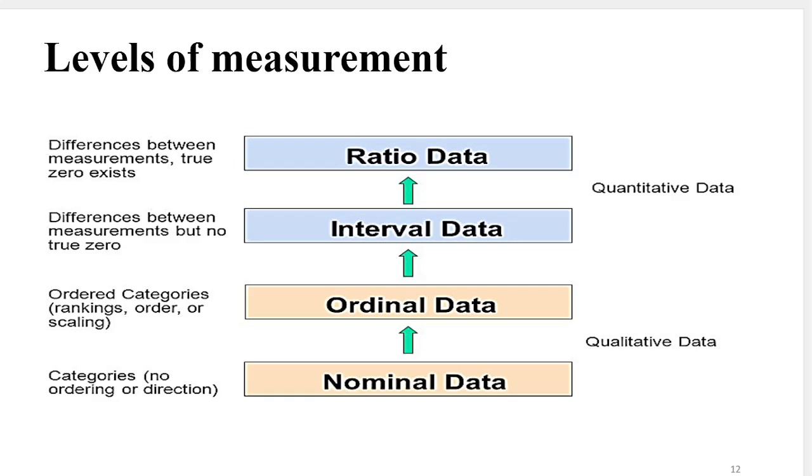For example, ratio data has all the features of interval, ordinal, and nominal data, while nominal has only basic classifications. Understanding this order is important because it helps researchers choose the appropriate statistical methods. The higher the level like ratio, the more powerful and flexible the analysis, whereas lower levels like nominal are more limited.